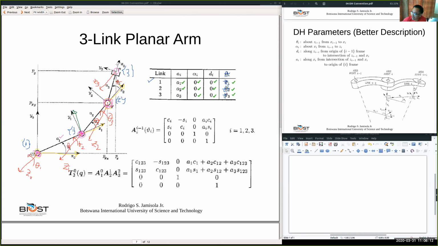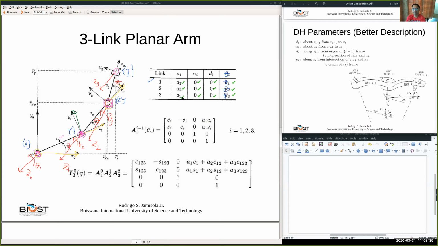So from here to there, okay? So this is in the positive direction of X3. And so this is A3. This distance is A3, and it's positive because it starts from this point, along the positive direction of X3. We identified A3 already.